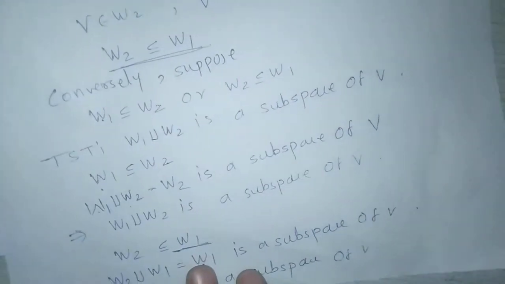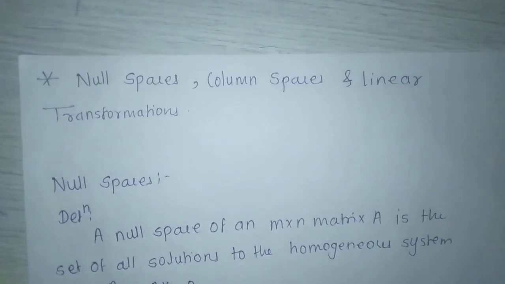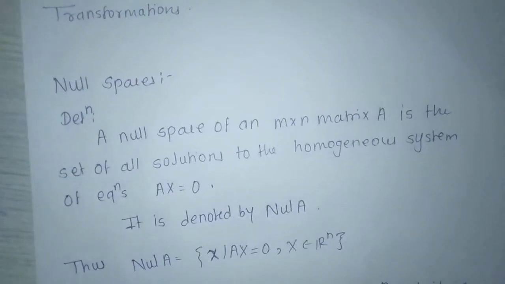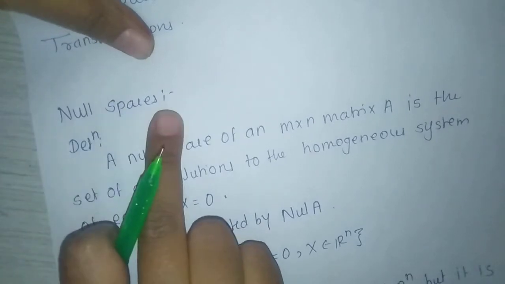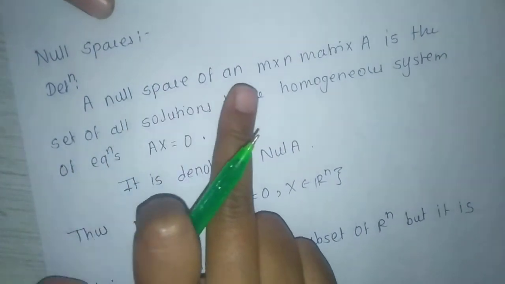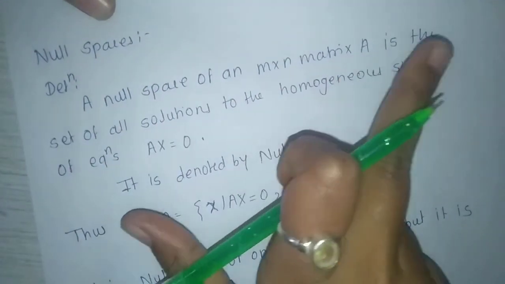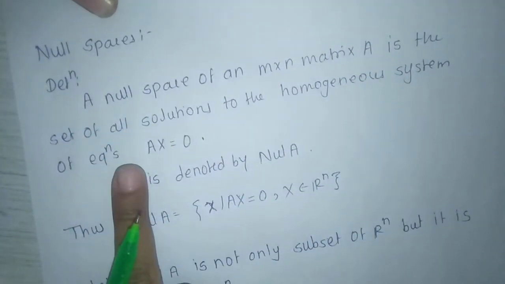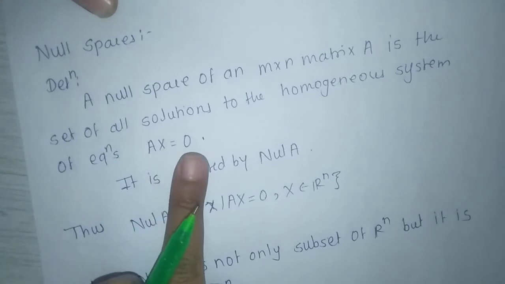Next point, null spaces, column spaces and linear transformations. First, null spaces definition. A null space of an m by n matrix A is the set of all solutions to the homogeneous system of equations A x equals 0.